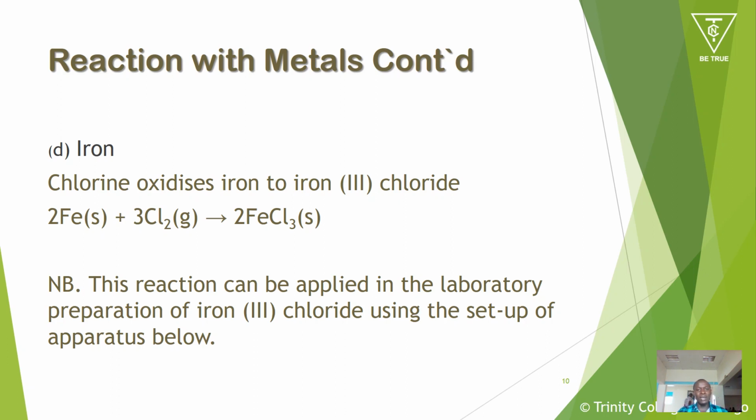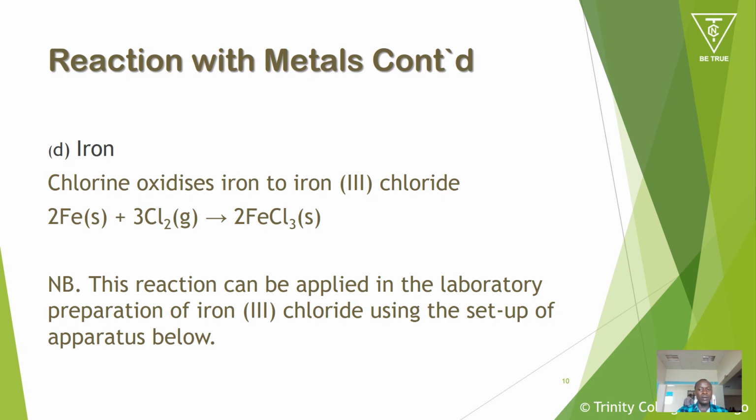This reaction, we can apply it in the preparation of iron 3 chloride by direct synthesis. Direct synthesis means the combination of elements by directly reacting them to form the compound.